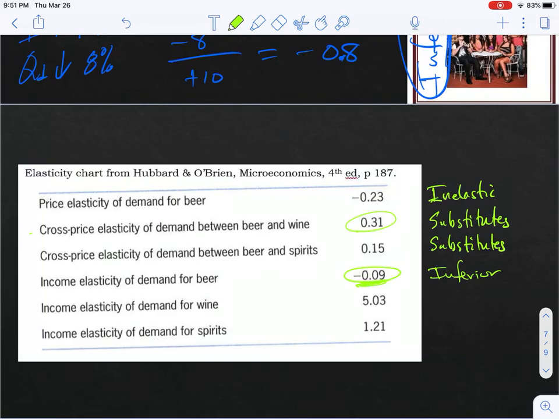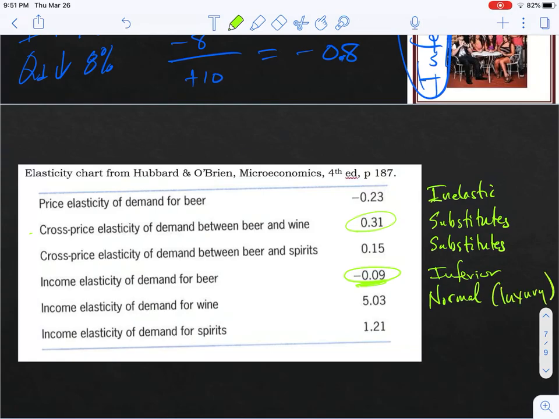On the other hand, income elasticity of demand for wine is a positive 5.03. So that shows that people's consumption of wine is very dependent on income, right? So that's a normal good. Technically, if it's positive and larger than 1, people also call it a luxury good.